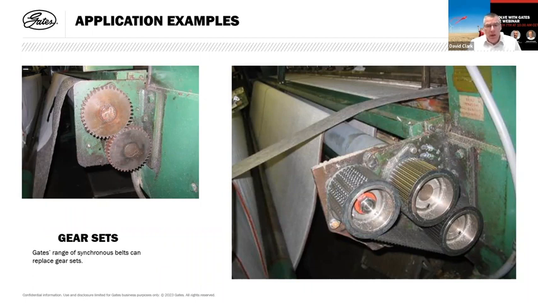You have to have three pulleys in order to apply tension to the belt and allow you to replace the gear set. But it is a more efficient, quieter, low-noise, low-maintenance solution, and that's why, in this case, it was used to replace the existing gear drive.